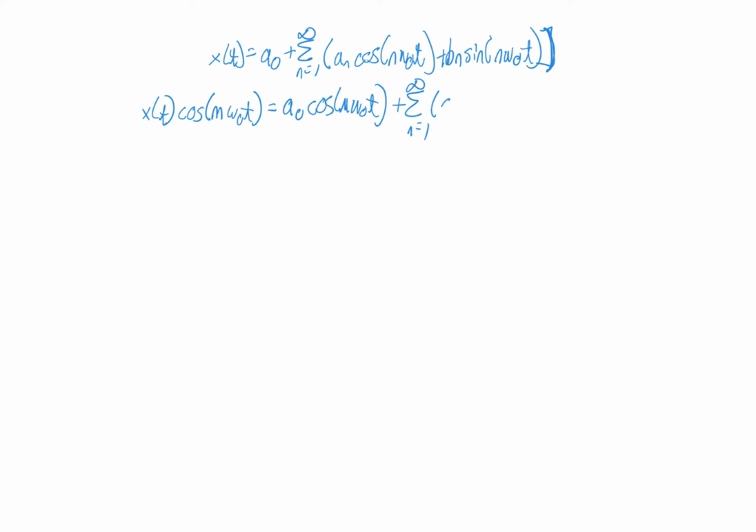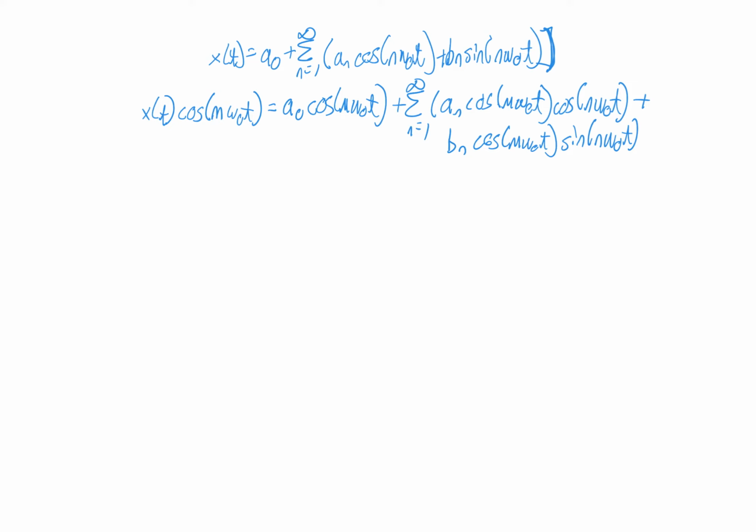So I have an cosine m omega naught t cosine n omega naught t plus bn cosine m omega naught t sine n omega naught t. So that's what we get when we multiply everything through by that cosine.